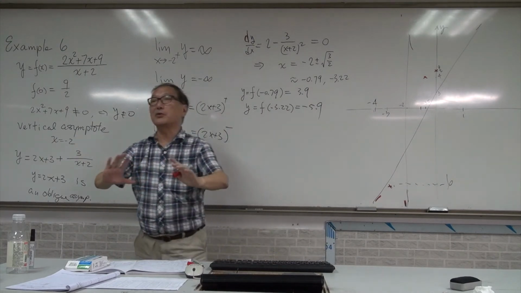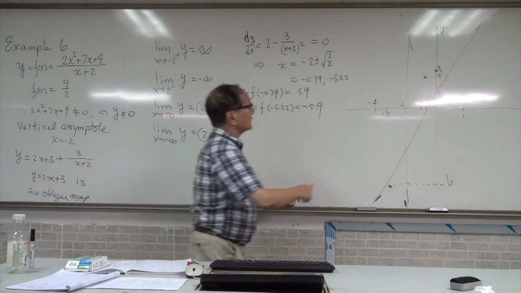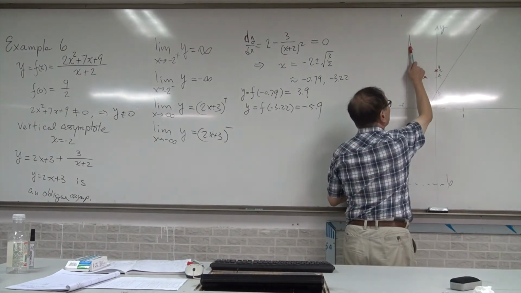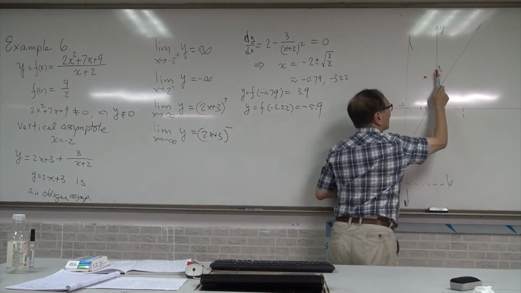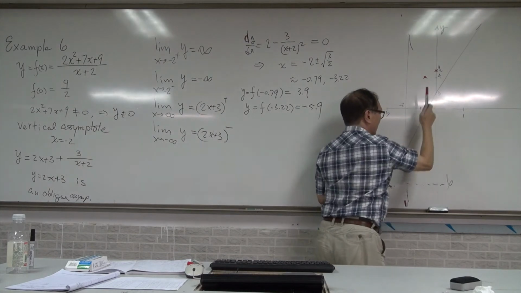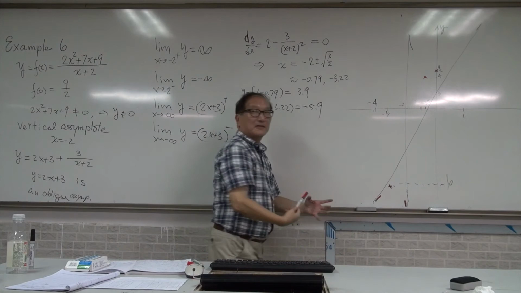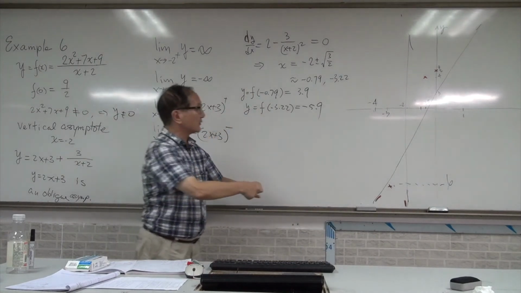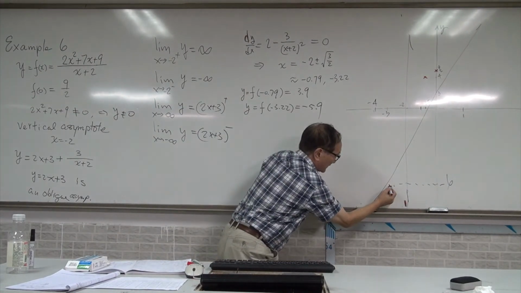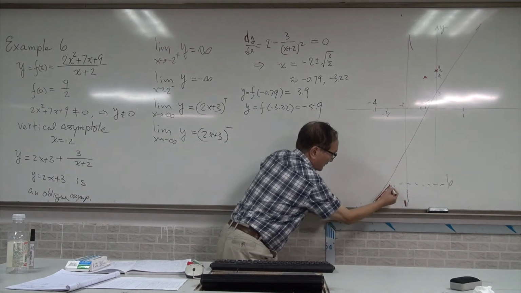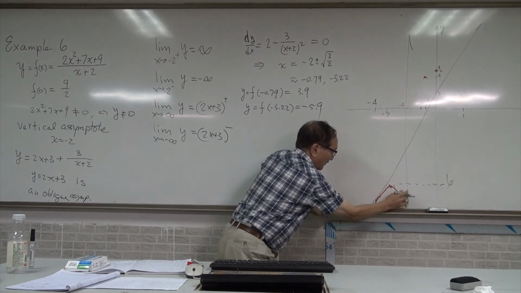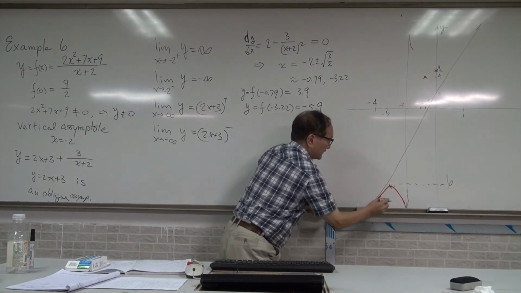So finally, we draw the curve. The shape looked like this, like that, passing through this and the minimum, and this is the maximum, and this is the curve. So obviously you can draw, right? The curve looks like this. See? Very nice curve.